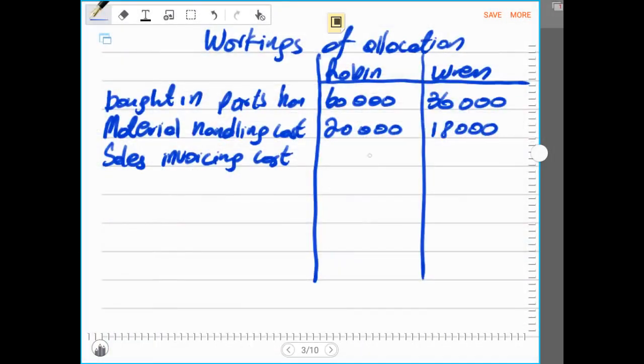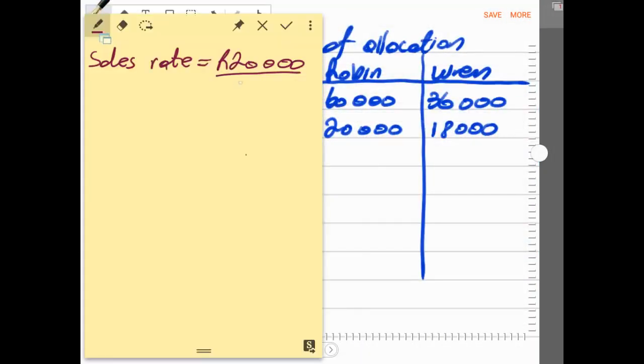Then we divide by 1000, and if we say 20,000 divided by 1000, that gives us 20 rand per invoice.